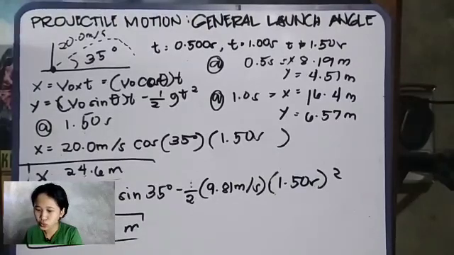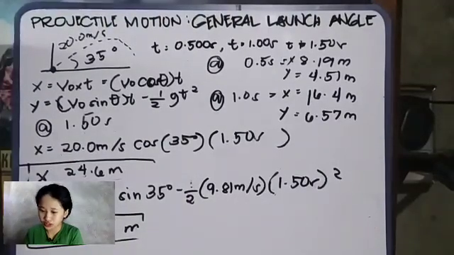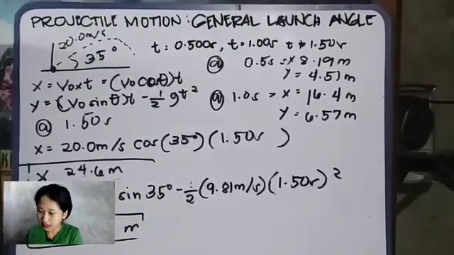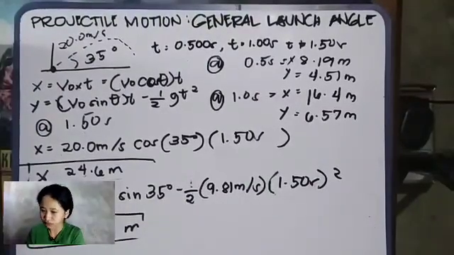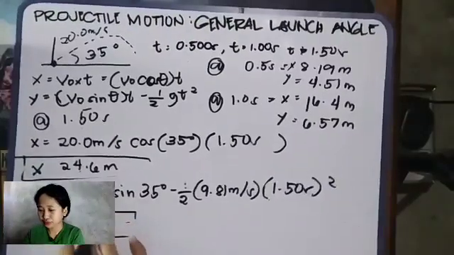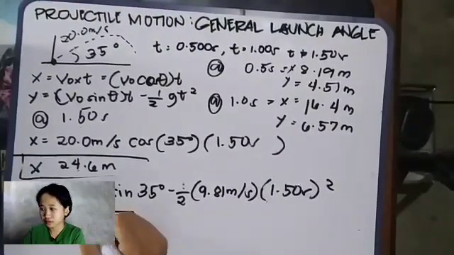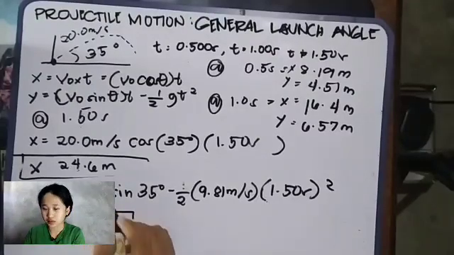Ay, mali ako. Ang cosine na ilagay ko. Gulo-gulo. Okay, 20 sine, ulit 35, minus 1 half times 9.81 yung gravity natin, then 1.5. So, ang answer na makukuha is 4.11 meters.